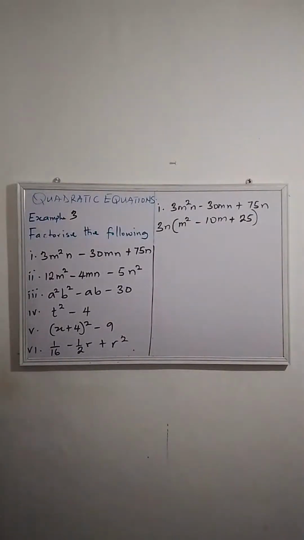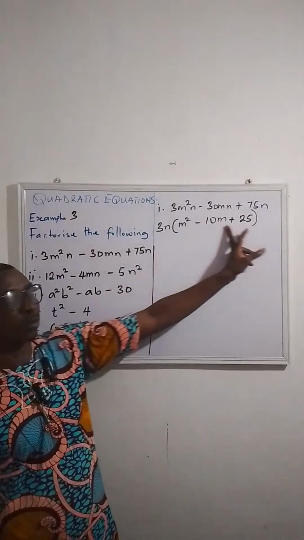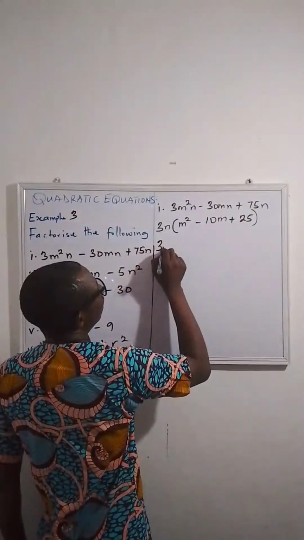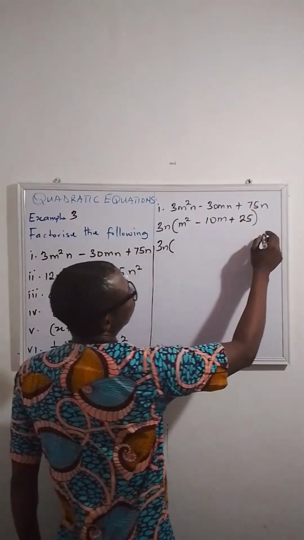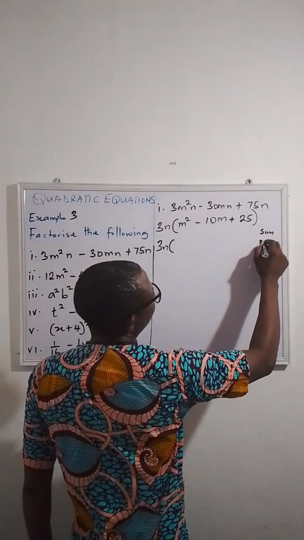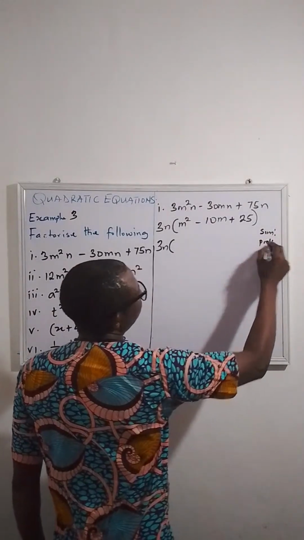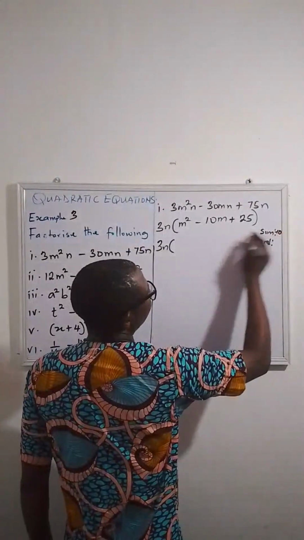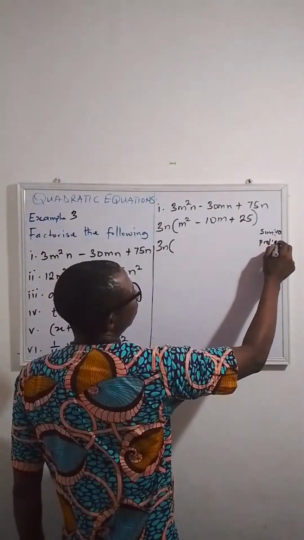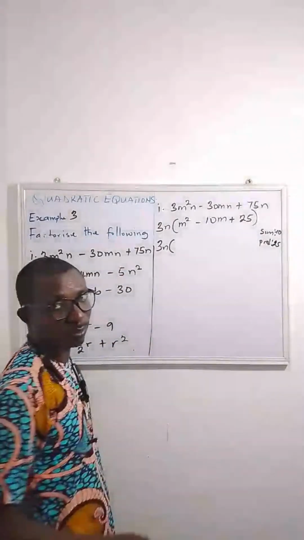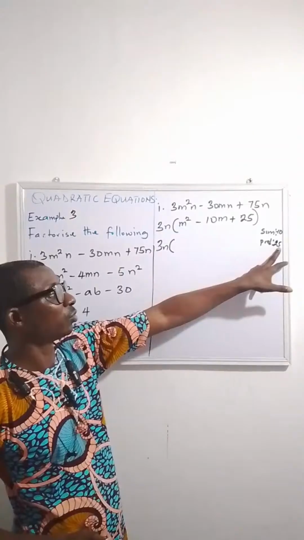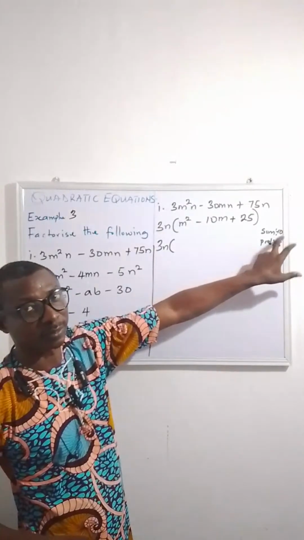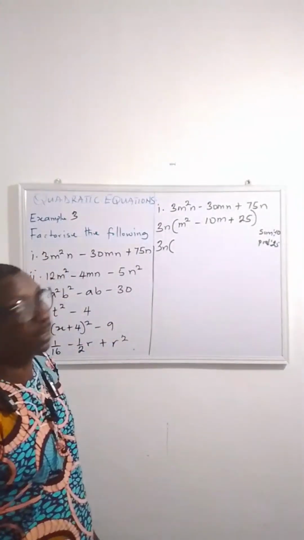Okay, so now we just need to factorize what we have inside here. So we have 3n. Now you look for the sum and product. So what is the sum and what is the product? Now the sum is negative 10, and the product is 25. So we look for two numbers such that when you multiply together, you have 25, and when you add together, you have negative 10.